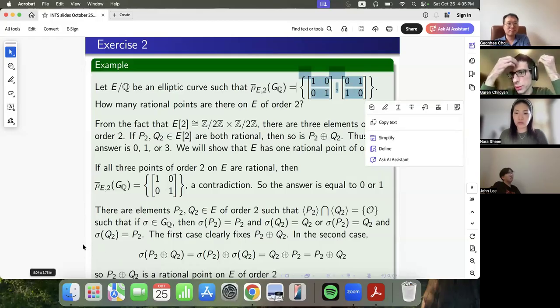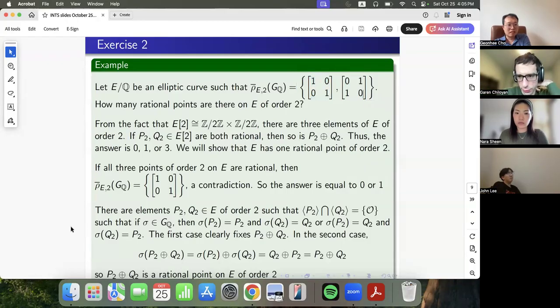Any questions, comments, suggestions? So I think these are the foundational observations from the previous slide that you'd like to use to attack the so-called uniformity conjecture. That's what we're thinking.